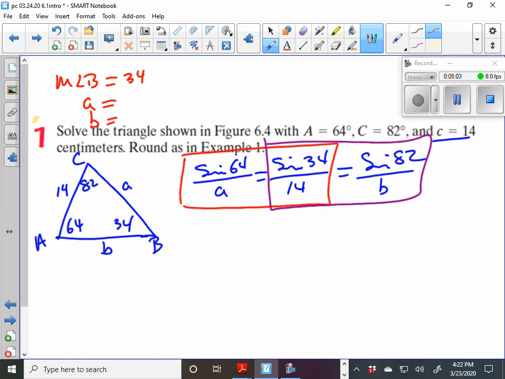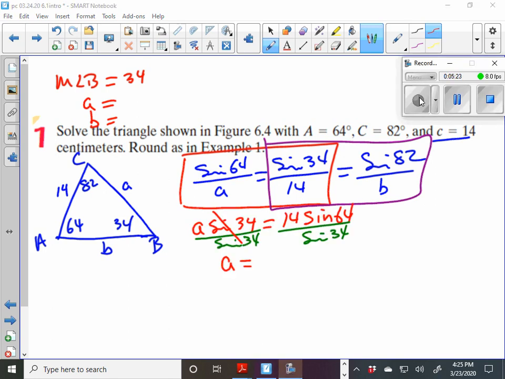So we're going to go to work and cross multiply and solve and see what we can come up with. I'm going to pause the video and actually do the work, so I'm going to suggest you do the same thing. And I'm going to start with the red box, and we are going to cross multiply. The directions didn't tell you, but we should usually round angles to the nearest whole and sides to the nearest tenth.